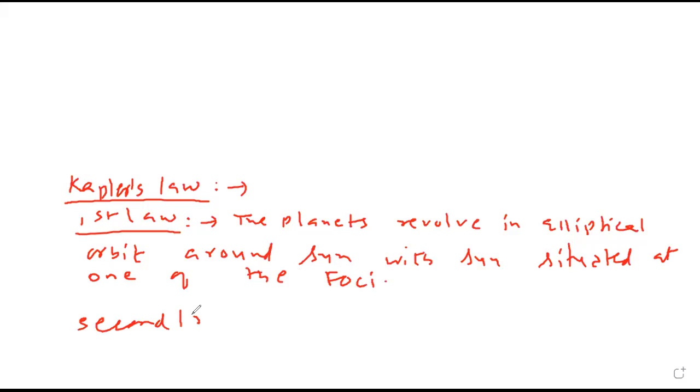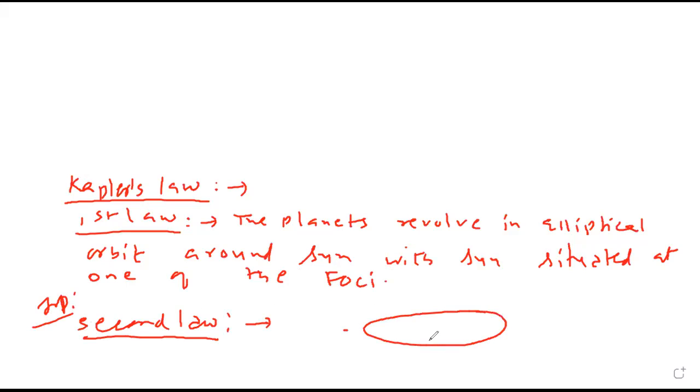Second law, which is important for calculation purpose. If this is an elliptical path, this is where the Sun is situated. If the planet is anywhere here, it moves from P to Q in some time t, and then M to N in the same time.